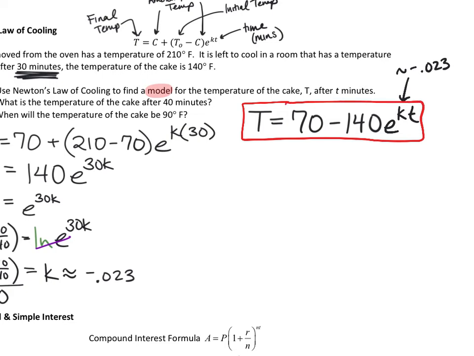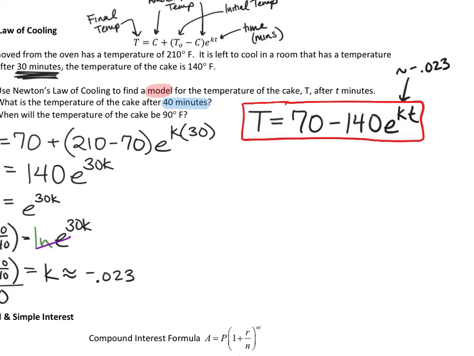Part B asks, what is the temperature of the cake after 40 minutes? If they gave me 40 minutes, the only two variables I have left are big T and little t. Did they give me big T or little t? Little t. They gave me a time. They gave me the input of 40 minutes.